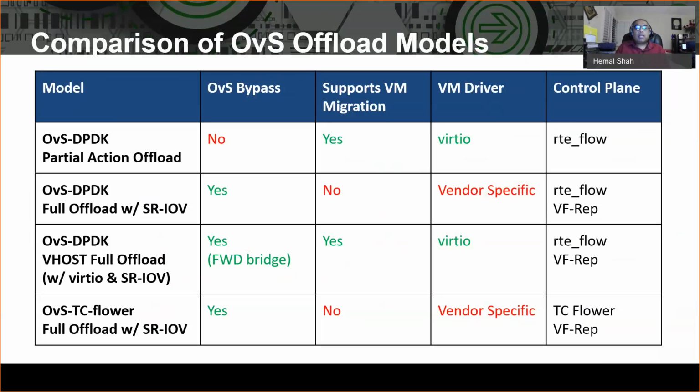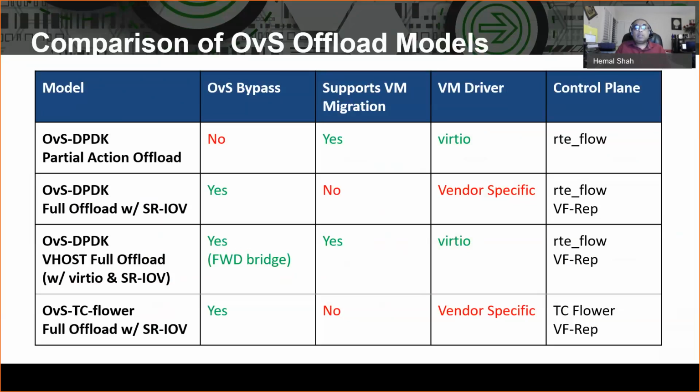As we discussed, the partial action offload model preserves the Virtio, supports live migration, but it doesn't do the OVS bypass. The OvS DPDK full offload models, both user mode and kernel with TC flower with SR-IOV, do bypass OVS, but require a vendor-specific VM driver, which doesn't support live VM migration.